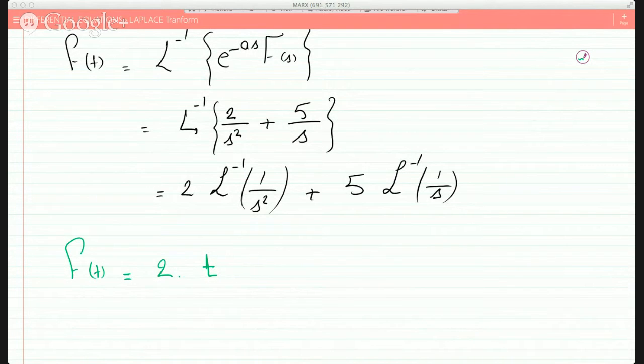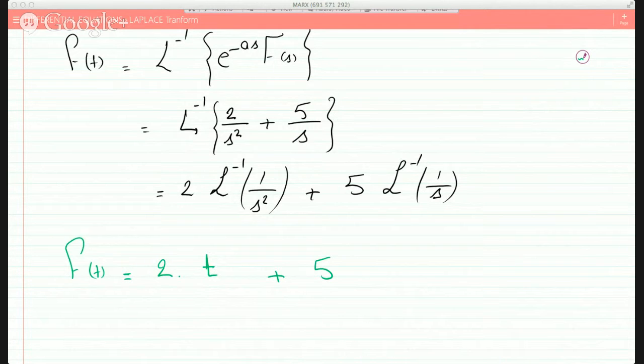Okay? 2t, and then plus 5. What's the inverse Laplace of 1 over s? It's 1. So times 1. Okay? So then we get 2t plus 5. Right? So now, what's f of t minus 4? Because remember, our function is shifted by 4, because a turned out to be 4.